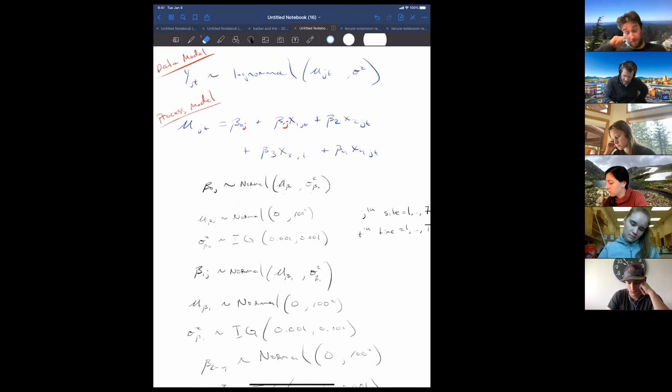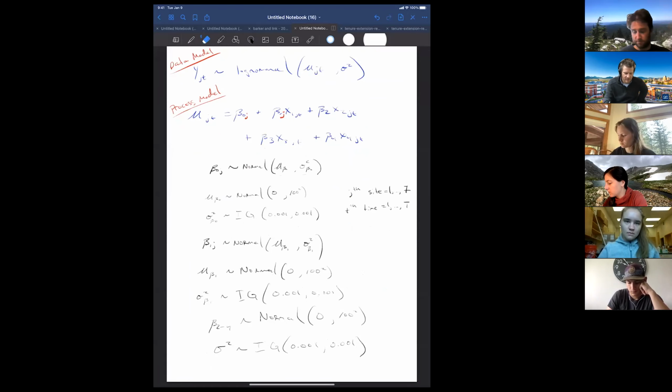And the rest are good. All right. So at each site, during each time, there's one observation collected. So we don't need that extra repeated measures.